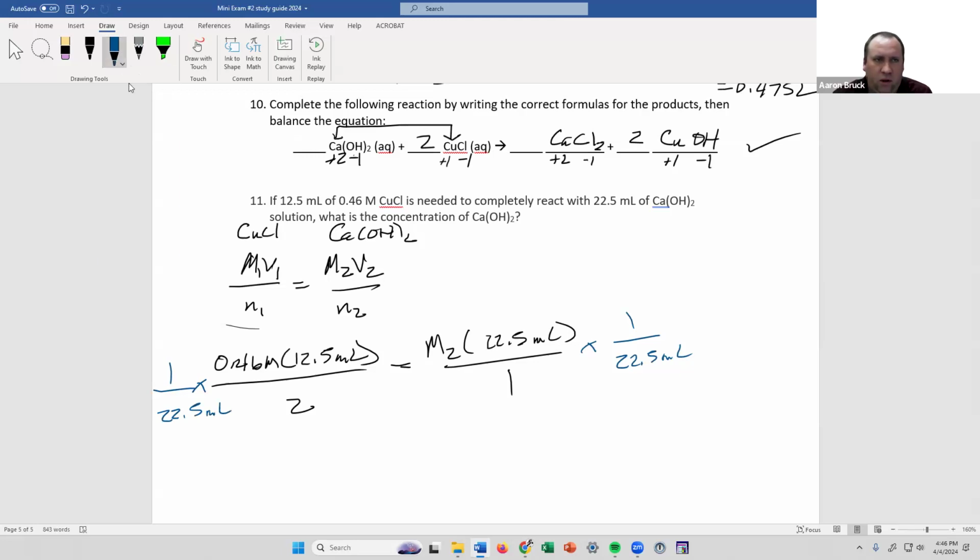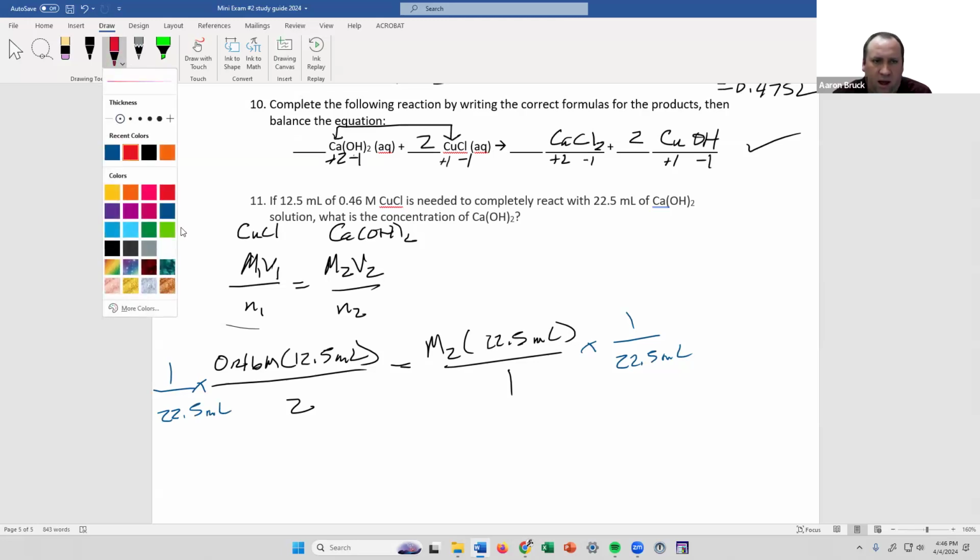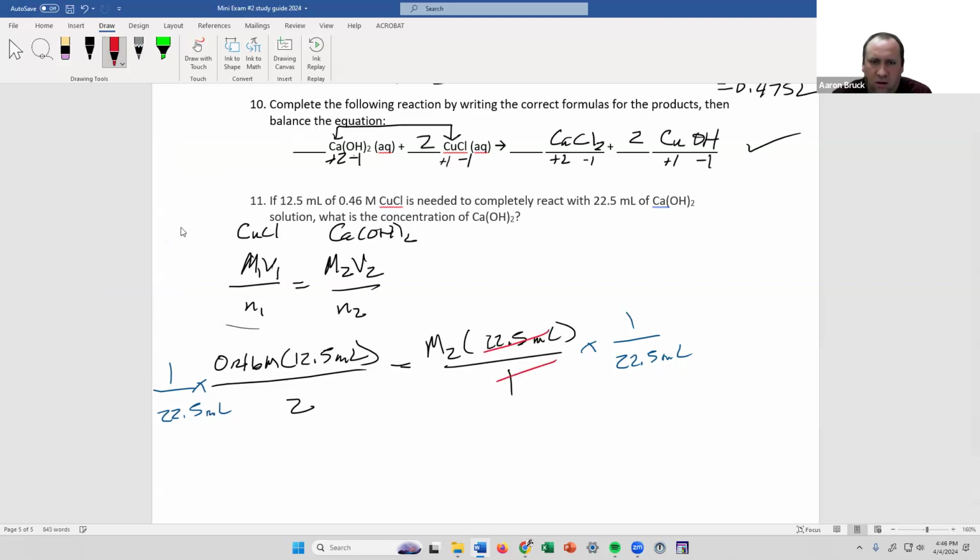When I do, the full right-hand side of the equation cancels out. Milliliters cancels out here. So I've got M2 on the one side, and I've got the calculation here: 0.46 times 12.5 divided by 22.5 divided by 2.